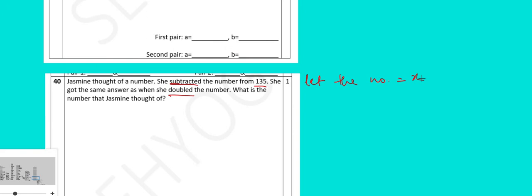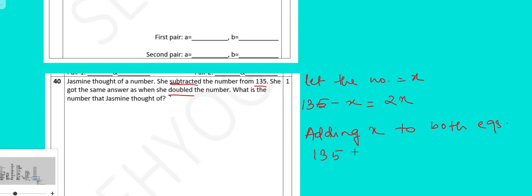She subtracted the number from 135, so from 135 she subtracted x, and then she got the double, 2x. Now adding x to both sides of the equation, we get 135 is equal to 2x plus x, then 135 is equal to 3x.